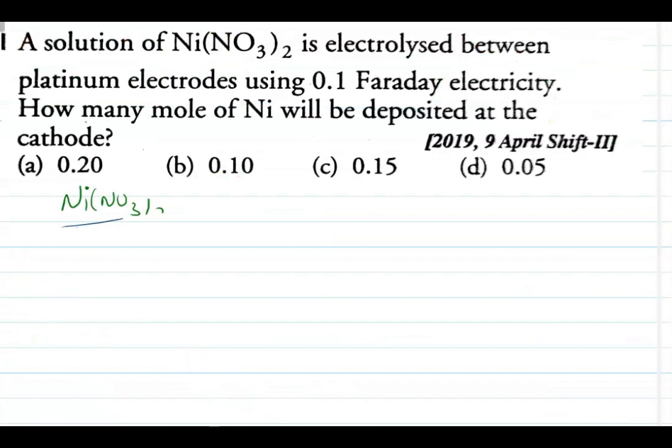First question. A solution of nickel nitrate is electrolyzed between two platinum electrodes using 0.1 Faraday of electricity. How many moles of nickel are deposited? A solution of nickel nitrate is being electrolyzed. See, he has asked how much is deposited. So deposition, liberation, that is Faraday's law.